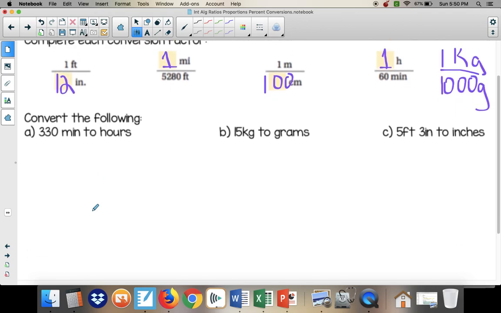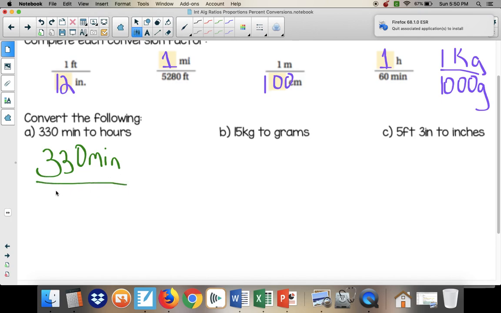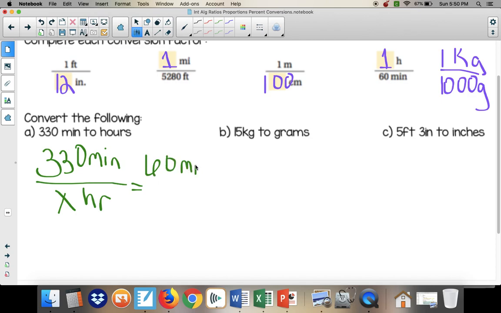So when we're looking at letter A here, convert the following. So 330 minutes to hours. So 330 minutes is to how many hours? Well, if you look up here, we have our hours and minutes. 60 minutes is to 1 hour.